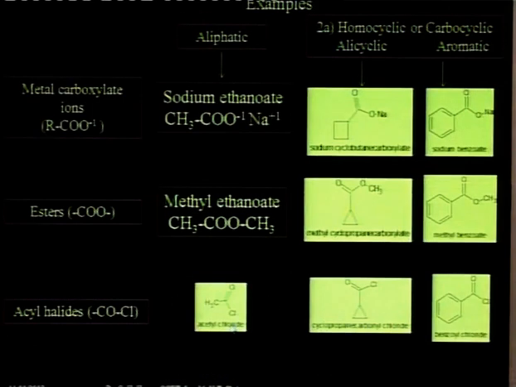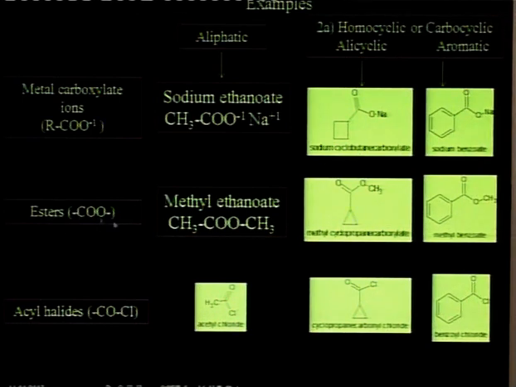So, we can have metal carboxylates. Sodium ethanoate, or sodium acetate as we commonly call it, sodium cyclobutane carboxylate, then sodium benzoate are the examples.